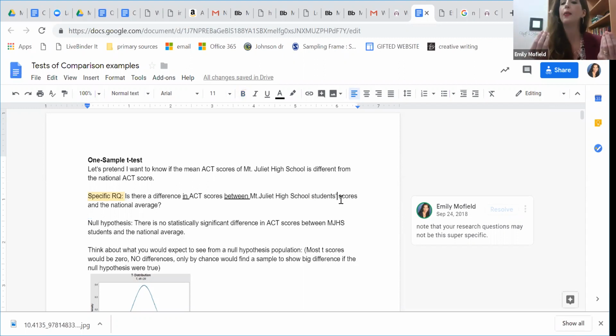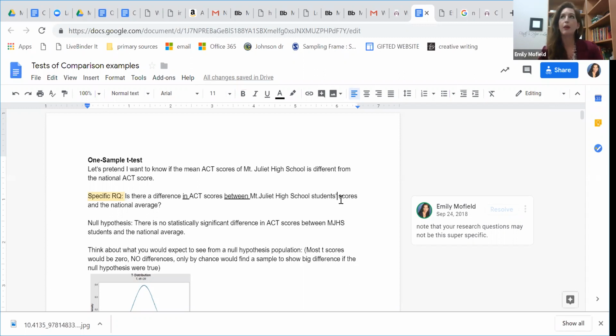Those are the groups, so it's one group against this national average. The dependent variable is what I'm measuring, the ACT scores. So that's a pretty specific research question.